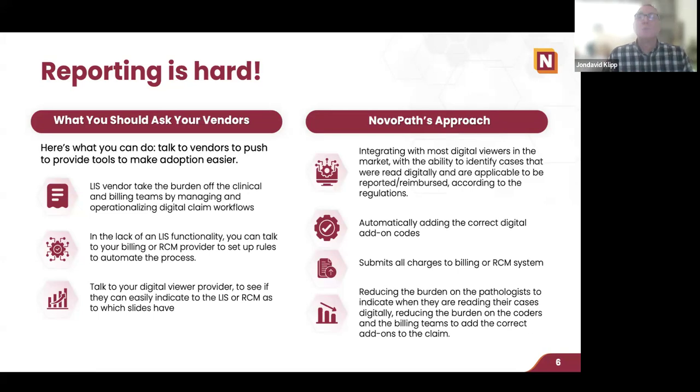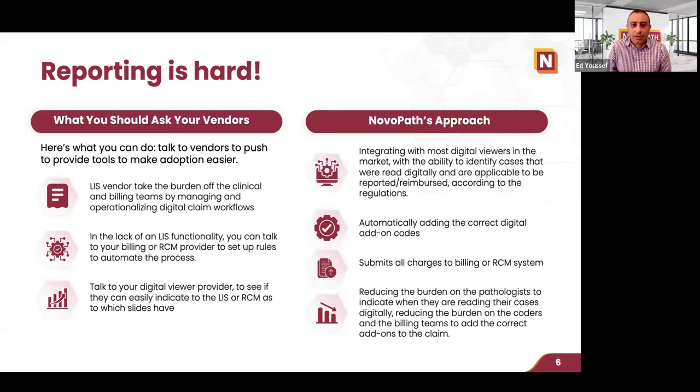So my question for Ed is, why aren't labs reporting to Medicare using those new add-on codes? Why aren't they reporting and showing greater utilization? Because if they did, that would increase the chances of Medicare taking a look at these codes and considering whether or not they will formalize them and give reimbursement.